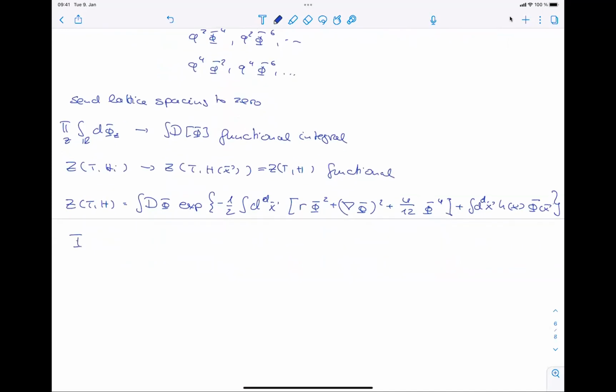And so here now phi represents a field obtained by averaging. Okay.